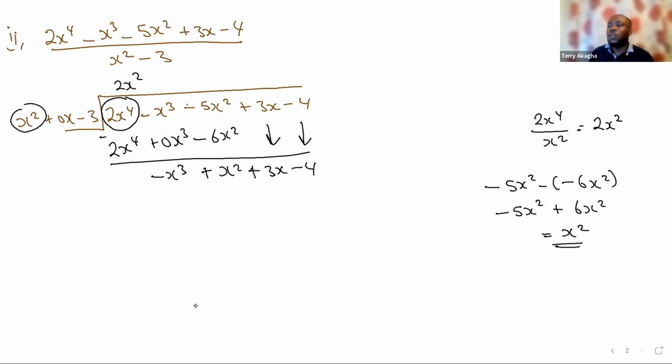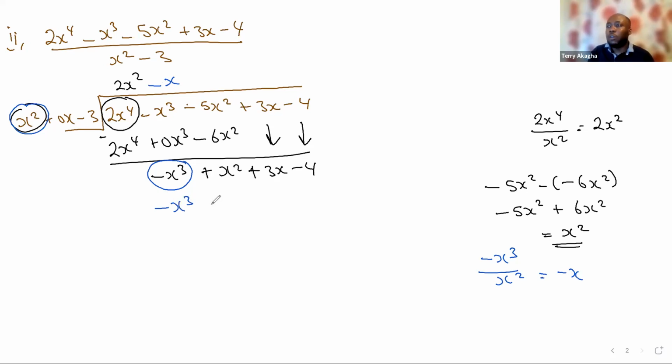You do the same thing, you start again. We use only the first one and the first one here. So minus x cubed divided by x squared is going to give you minus x. Is that making sense? So it's going to be minus x, you multiply. Minus x times x squared will give you minus x cubed.